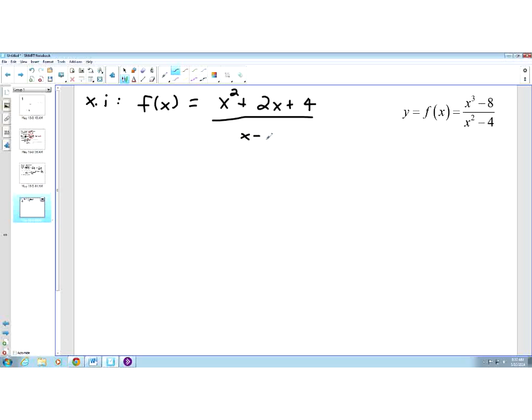All right, so the x-intercepts will occur by solving x squared plus 2x plus 4 equals 0. And so we can try factoring this quadratic, or we can try using the quadratic formula. So let's use the quadratic formula. Let me write it here for your reference.